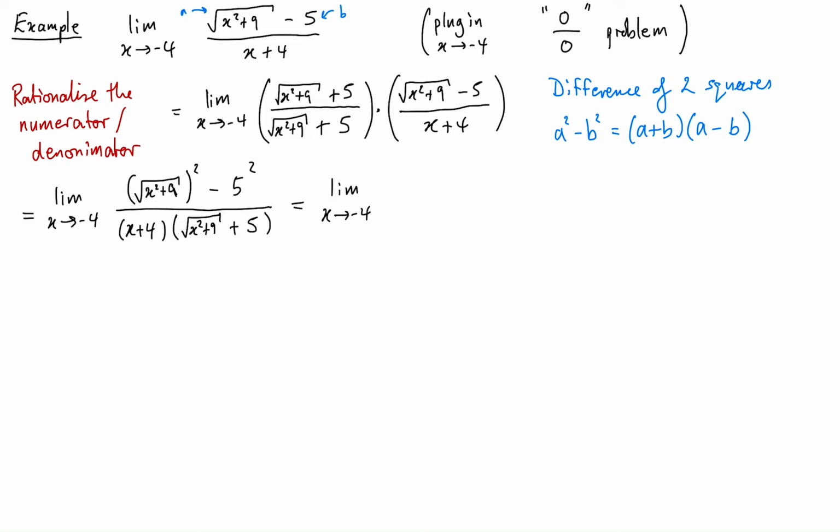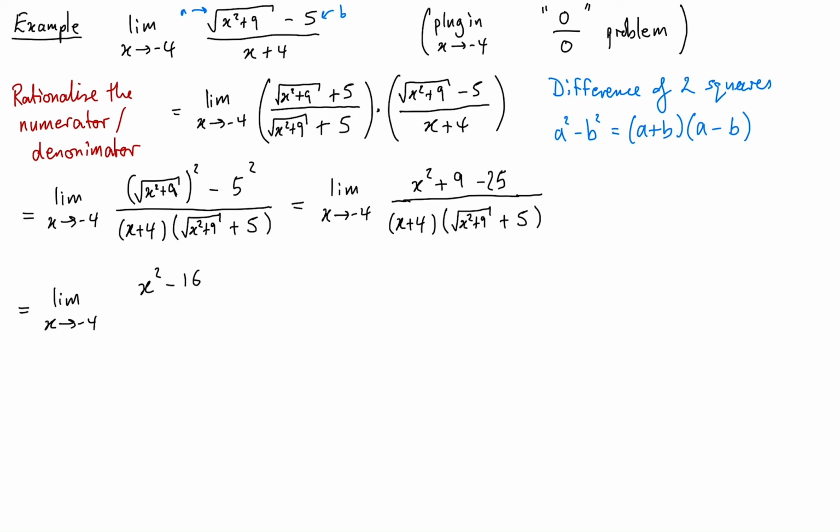The square of a square root, we're just going to get x squared plus 9. 5 squared is 25. This is a good trick when you're writing like this, you can copy and paste. Again, no change on the bottom. Then we subtract, and we're going to get x squared minus 16. And the bottom, nothing's changing.